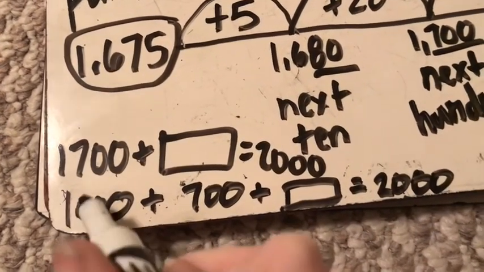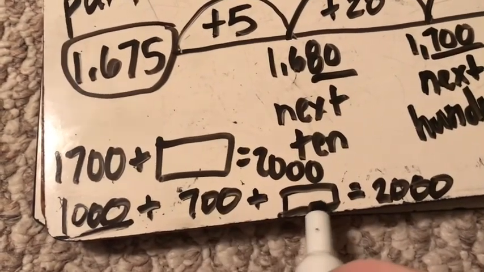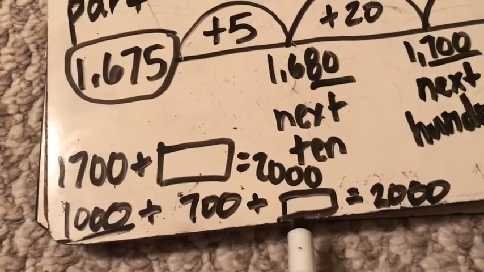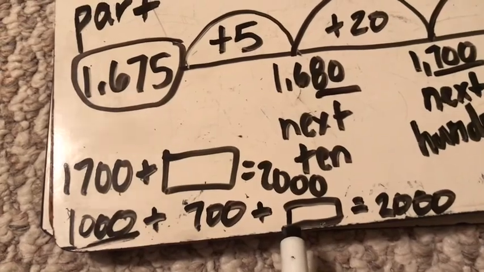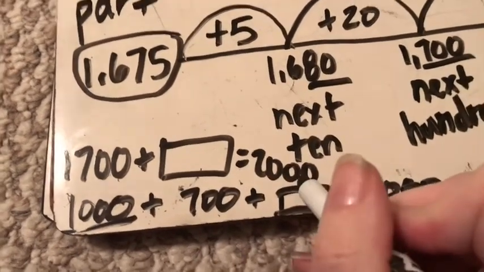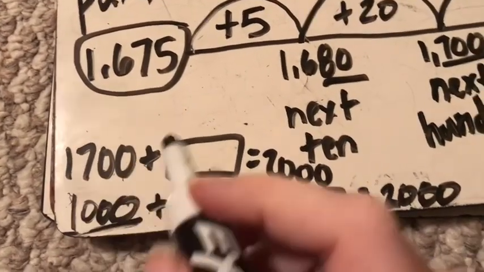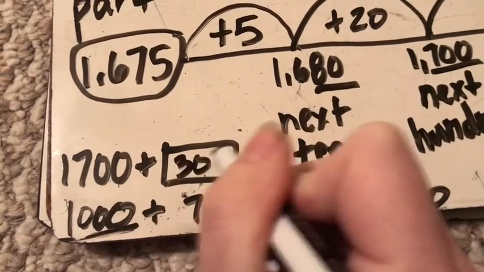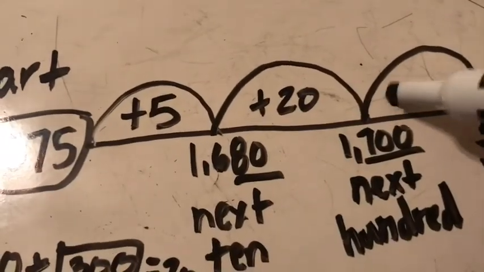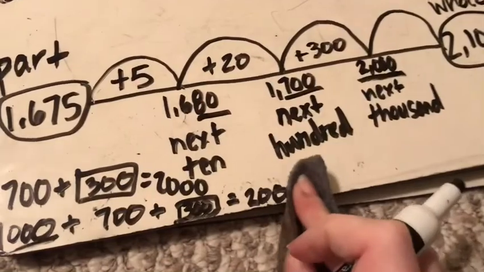I know I have 1,000 already. I need two 1,000s. So 700 plus how much more gets me that second 1,000. If I know 7 plus 3 is 10, then I know 70 plus 30 is 100, and 700 plus 300 would get me to 1,000. So then if I have 1,700 and I add 300, then that will get me to 2,000. So this here is a jump of 300. Okay, so almost there.